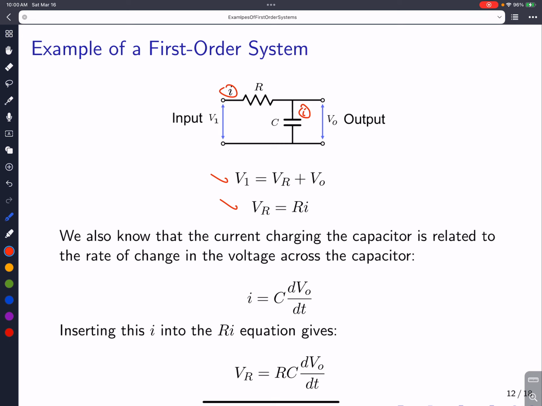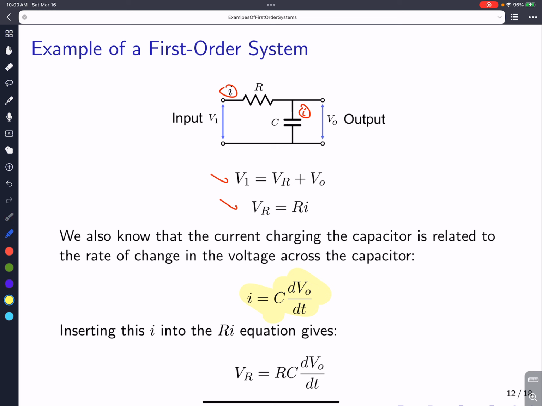We know one other thing, and it's the only other thing we need to know, which is the relationship between voltage and current in a capacitor. This is the relationship here. You could call this the capacitor law. It says that the current is equal to the capacitance of the capacitor times the rate of change of the voltage.